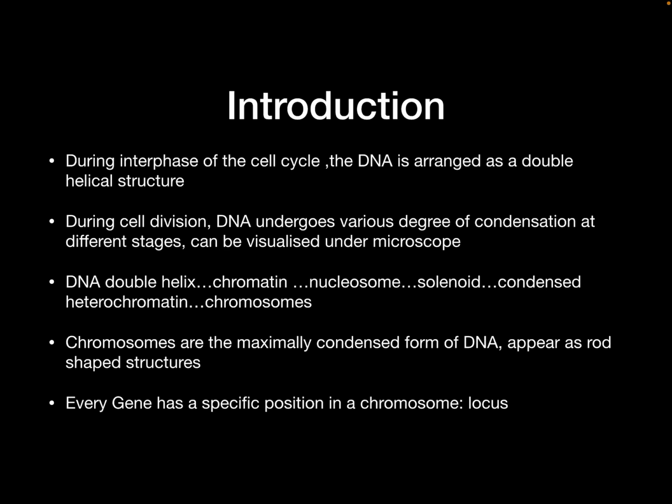The various stages of condensation are: initially it is in a maximally extended format, when it is active and in a double helical structure. When it starts condensing, it forms a chromatin thread-like structure, then a solenoid, then condensed heterochromatin. By that time it is seen as darkly stained, thread-like, very thin hair-like structures.